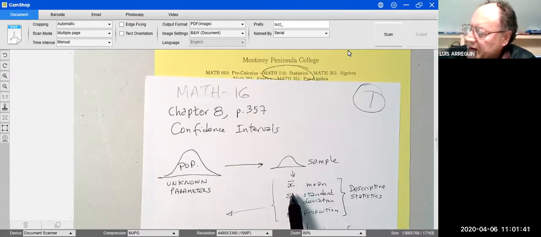Every number is a statistic, and we can compute the mean, the standard deviation, the proportion, and everything that we do in this part is known as descriptive statistics.